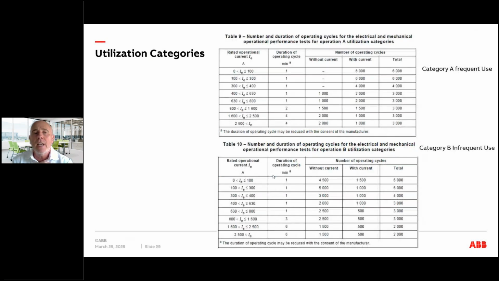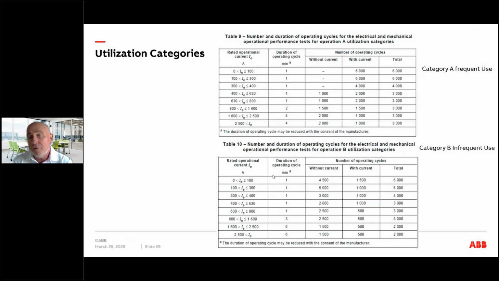If you look at the two tables here, the one on the top, if we look at the rated operational current and we look at the 100 to 300 amp range, with category A, these dictate that the switches themselves are tested. As you can see there, there are two other columns, without current and with current, but the total switching number is the same.